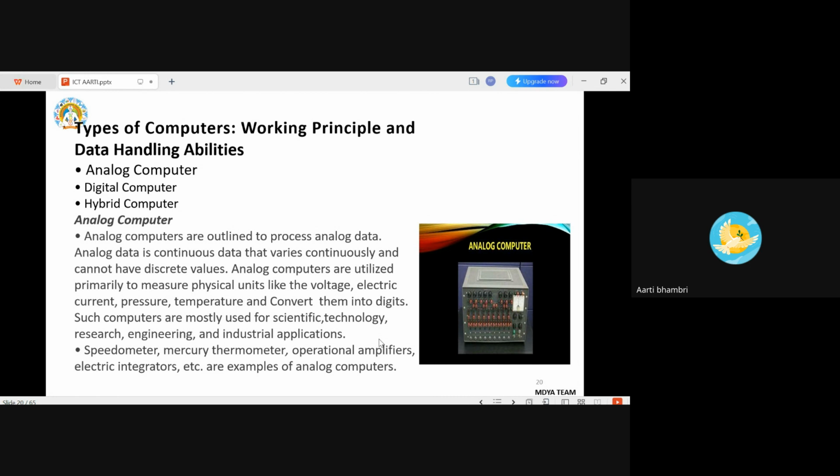First, we use the needles in the wall clock. There are also analog computers. This is also an example of an analog system, because when the time changes, the needle is moving.